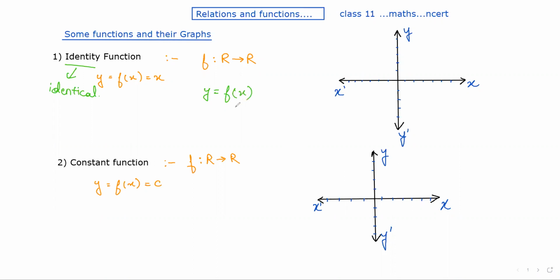So whatever value of x you place over here, you get the same value over here. So for x equals 1, you should get y equals 1. For x equals 2, y equals 2. Which means this itself becomes equal to x. So you can write it like y equals x or f of x equals x. Both mean the same.